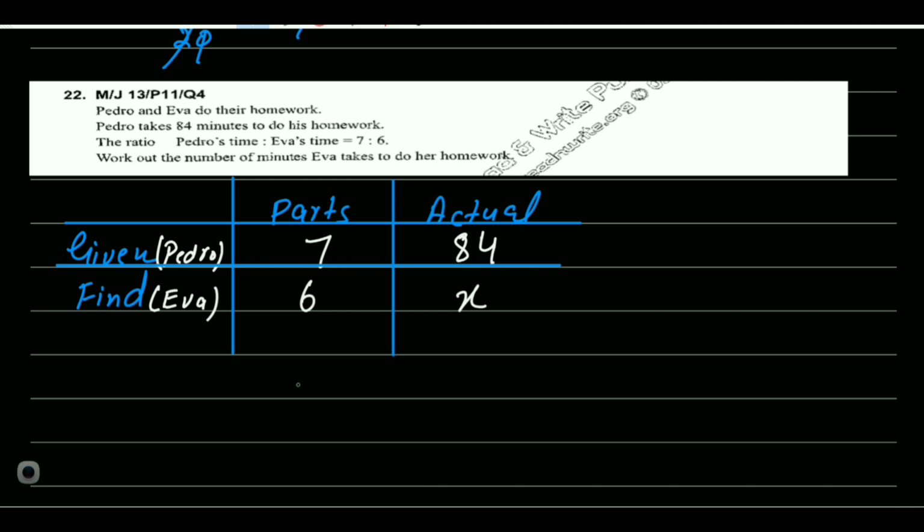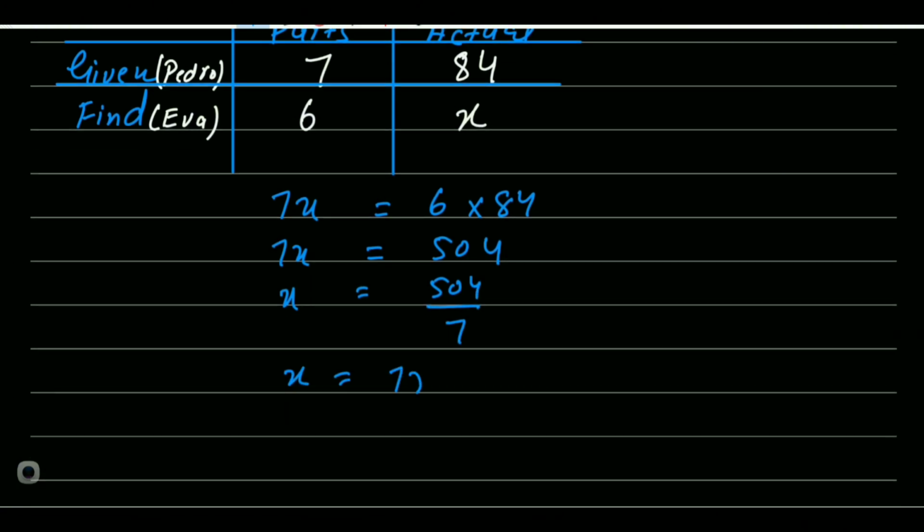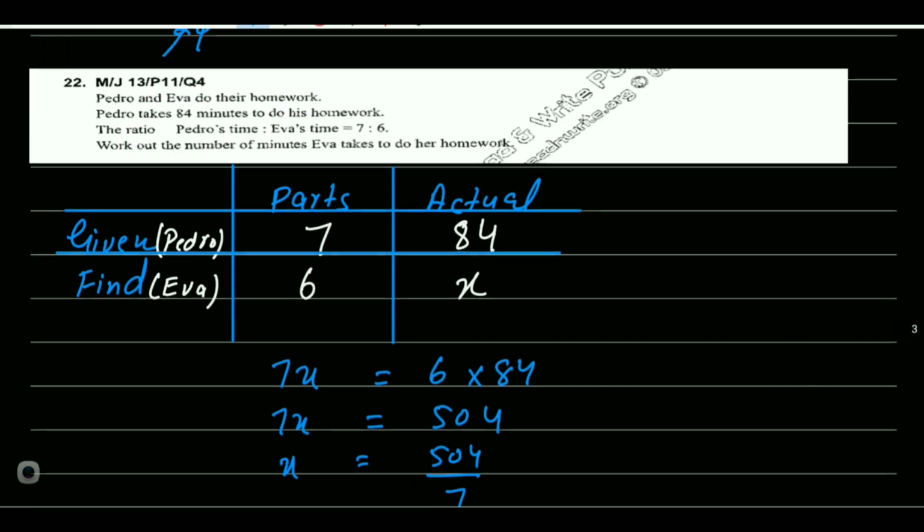So we will just do cross multiplication. 7 will be multiplied with x, 7x, and 6 will be multiplied with 84. 7x is equal to 504 and x is equal to 504 over 7. So 72 is the final answer.